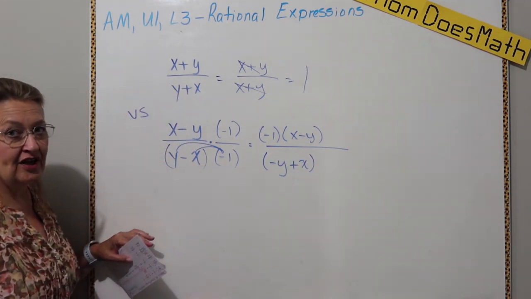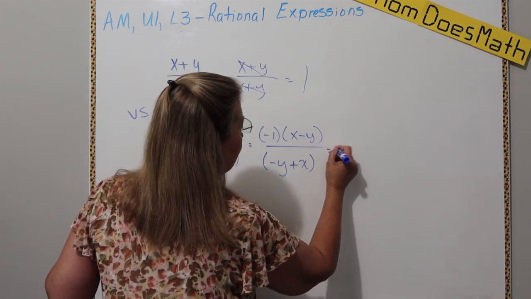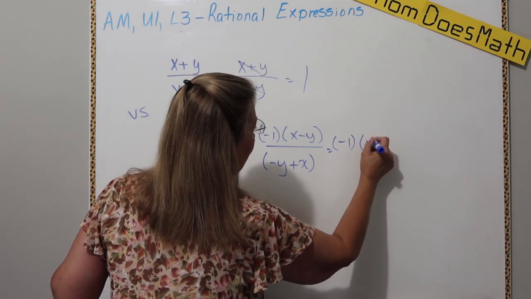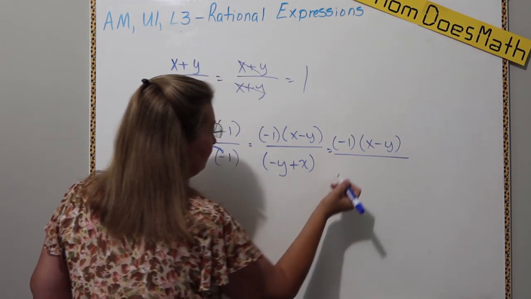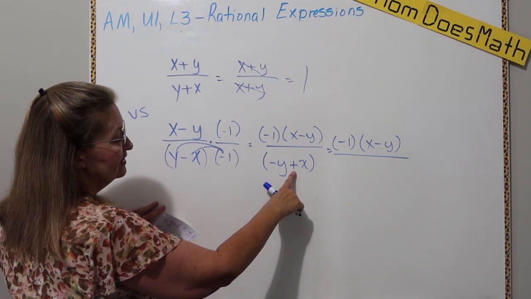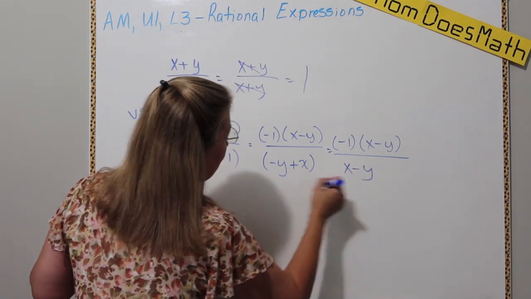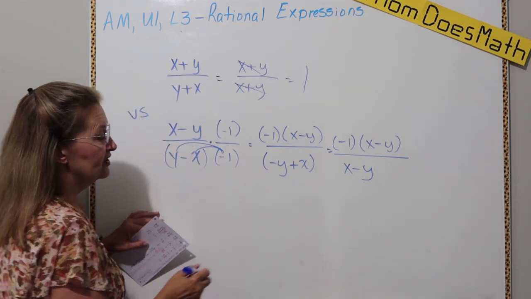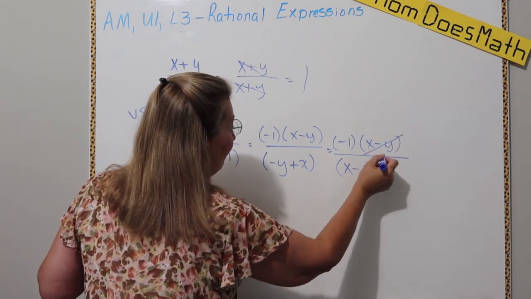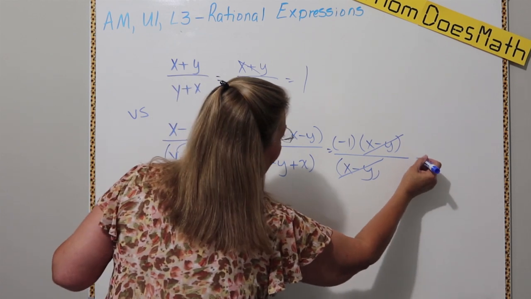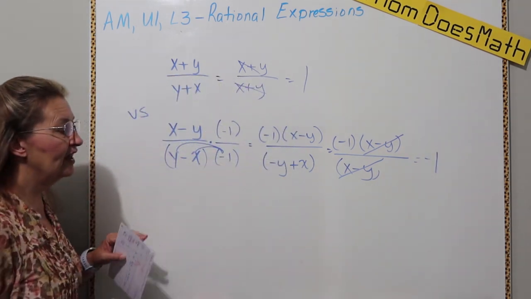It just changed everything, right? So I'm going to leave the negative 1 up here, leaving the numerator just like it is. Now, since this is a plus sign, I can reverse it. Now the minus sign belongs to the y, it's going to stay. So now you have something you can cancel out, and that simplifies to negative 1.